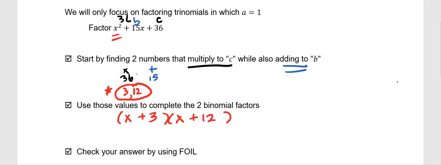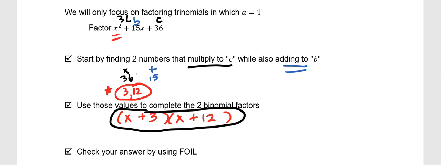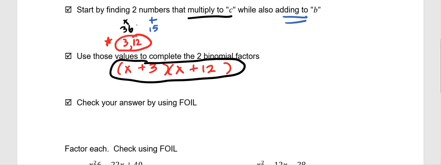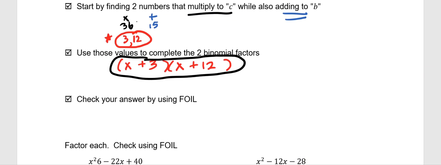We'll say x plus 12. That is the answer we're looking for. So our trinomial that we started with, x squared plus 15x plus 36, in factored form is x plus 3, x plus 12.